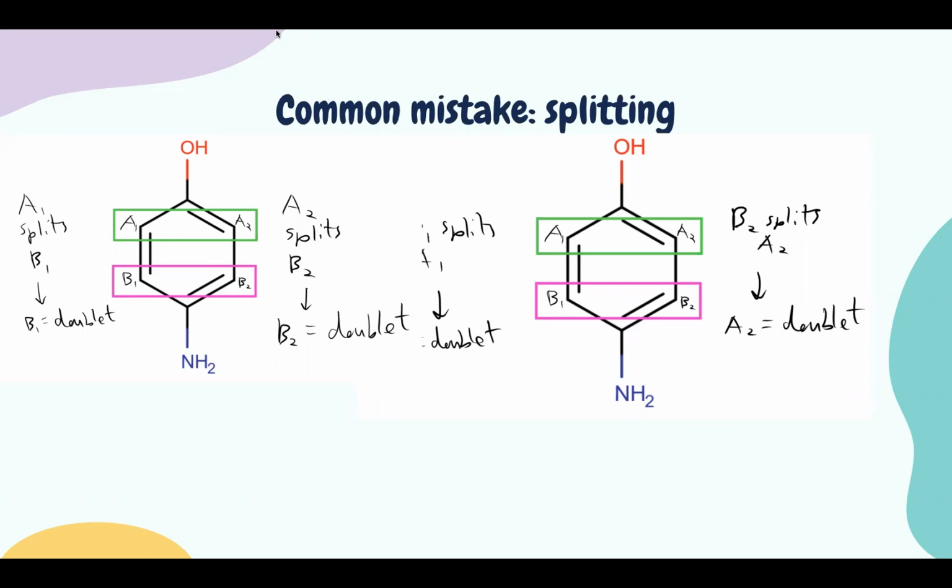You don't count the B1 and B2 protons separately because they're equivalent. You're not being split by two different protons; you're being split by the same proton twice. So some people might think that the A is a triplet because it's being split by B1 and B2, but it's not, because A1 is being split by B1 and A2 is being split by B2. So you're only really being split by one proton. It's a subtle point, but it's easy to mess up in certain situations.